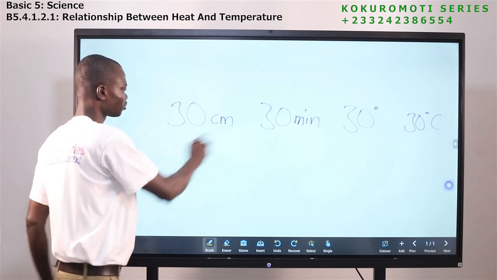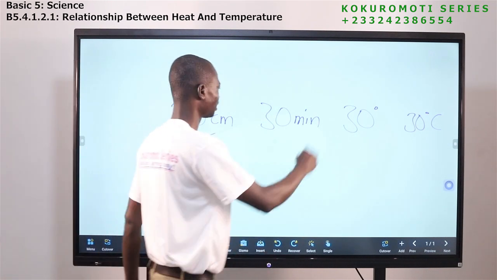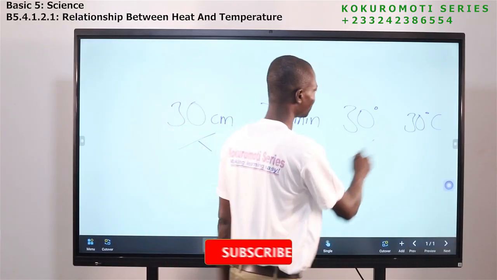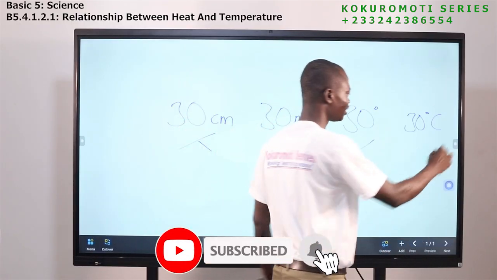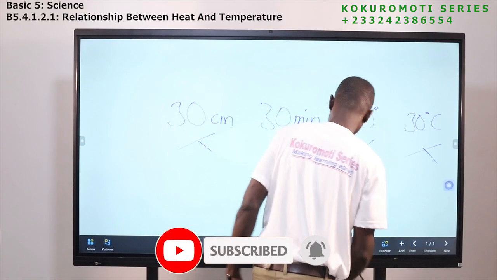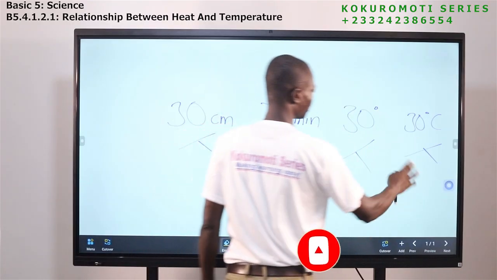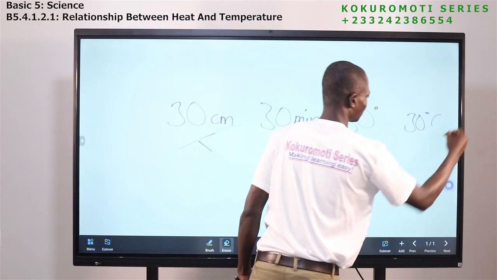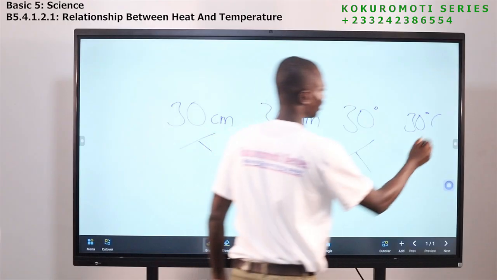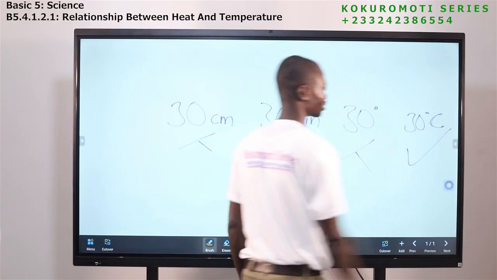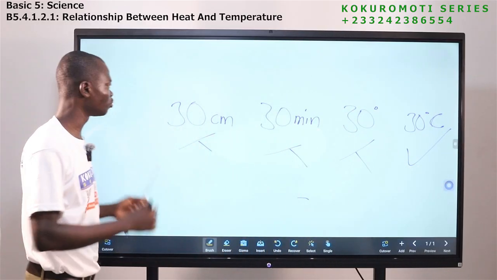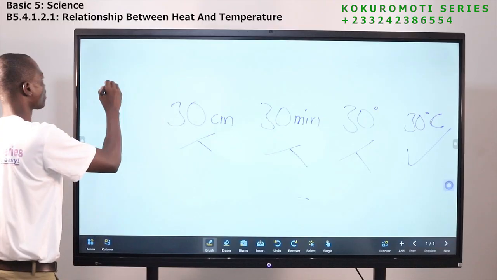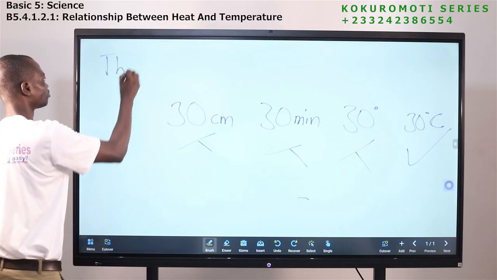So temperature is not measured in centimeters, it's not measured in minutes, it's not measured in degrees, but it's measured in degrees Celsius. It is measured in what? It is measured in degrees Celsius. So anytime you measure temperature, you use thermometer.